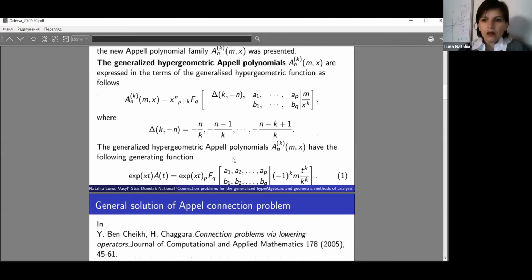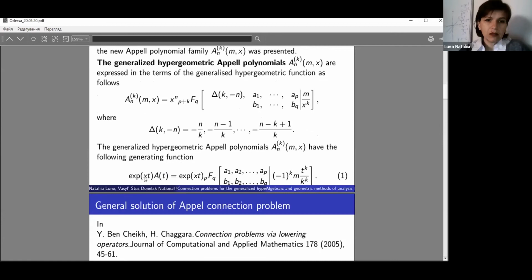This Appell sequence has, as every arbitrary Appell polynomial, a generating function representation.